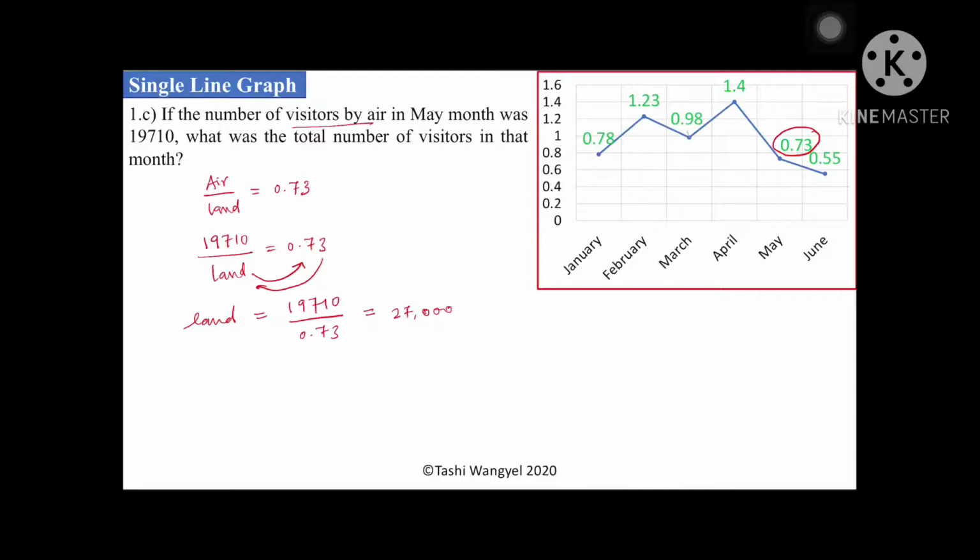The question asks what was the total number of visitors, which is number of visitors by air transport plus number of visitors by land transport.